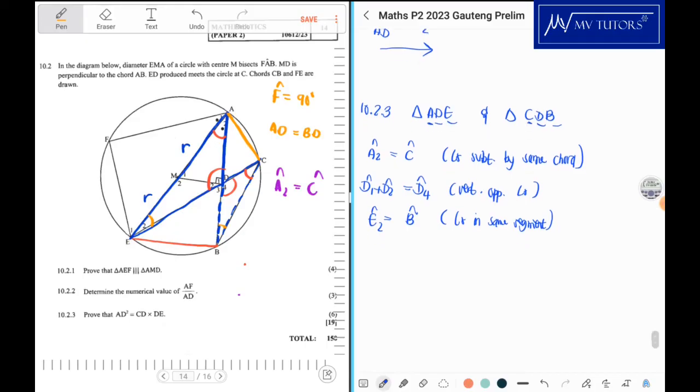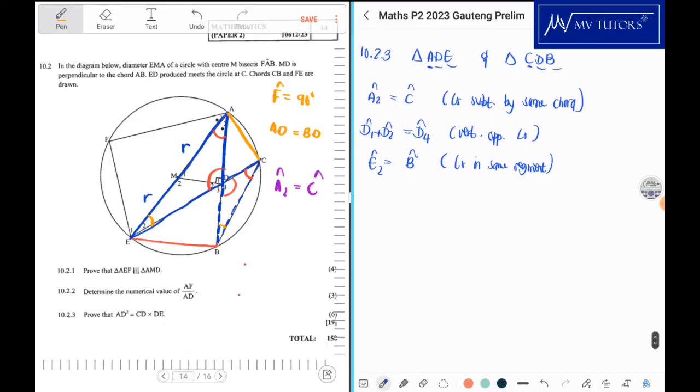Yeah, so if they are in that order, now I can then say triangle ADE is similar to triangle CDB. Okay, and as such, I can then say AD over CD is equal to DE over DB, which is equal to AE over CB.